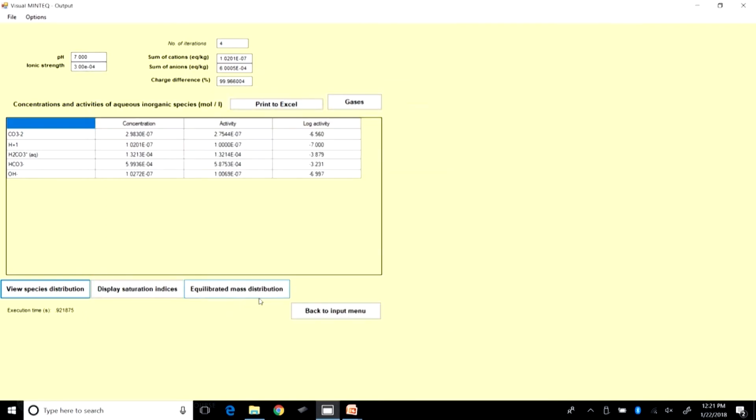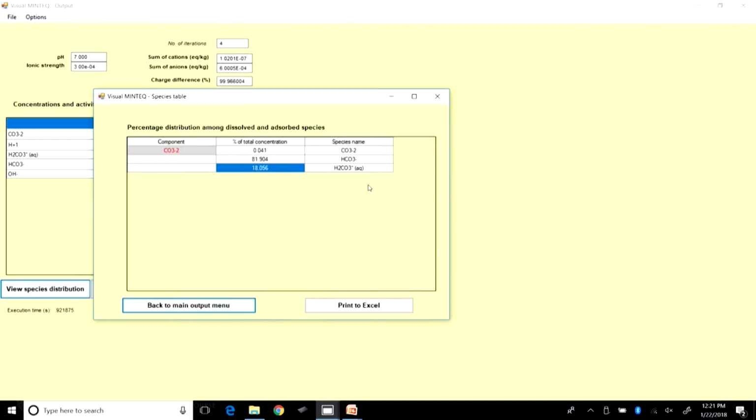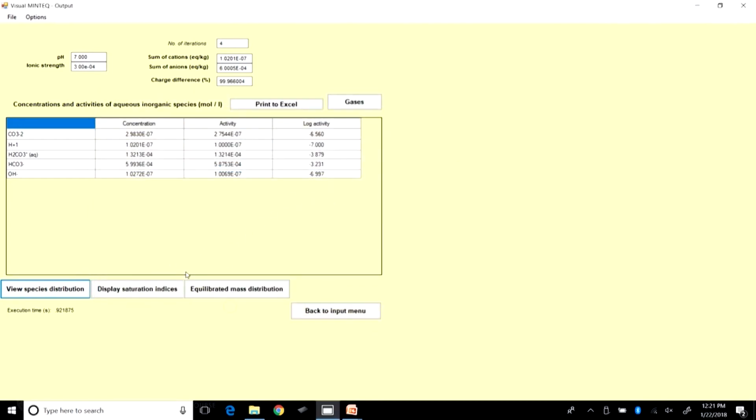Back to main output menu, and now where can I get the CO3 total here? I can go back to species distribution, or sum up the CO3 total from here. CO3 total will be equal to CO3 2 minus, H2CO3 and HCO3 minus. I can sum up these three values and calculate my CO3 total.